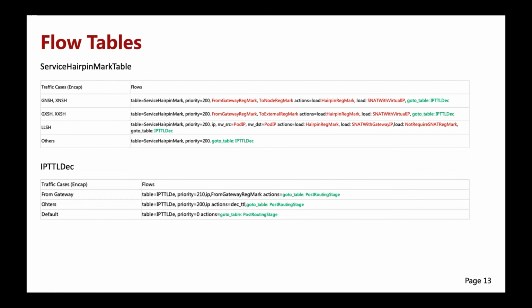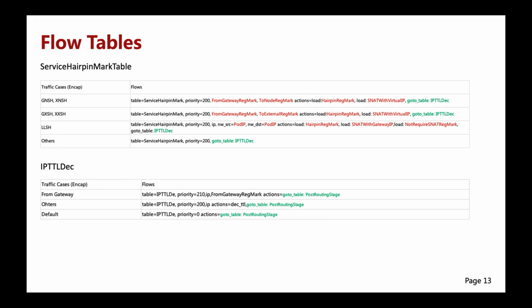For next, this is a new table added by flexible pipeline. It is used to process hairpin cases. Now we have about three types of hairpin cases.